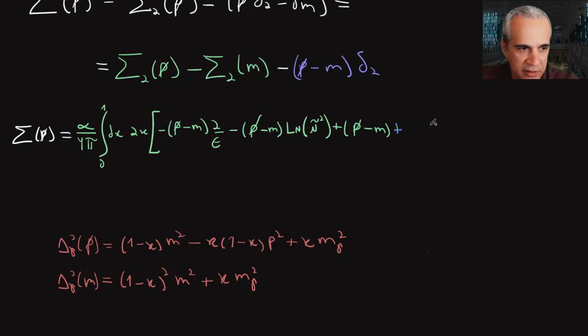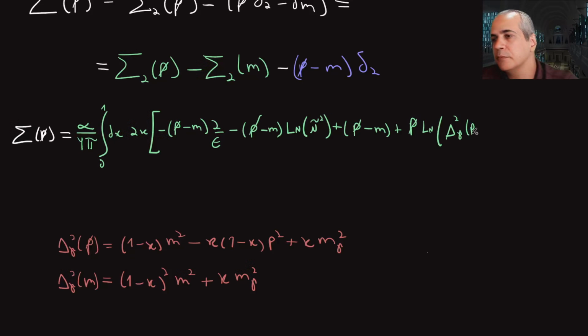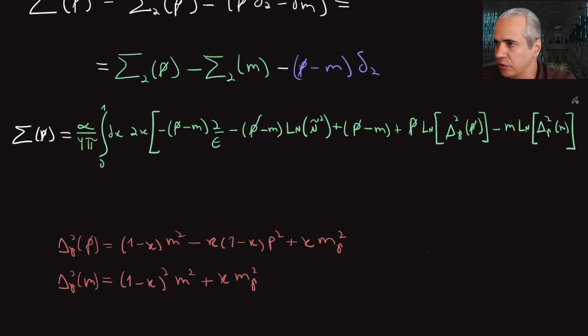So this is actually p slash log of the one without substituting, I'll put it like that, minus m the log of the one calculated at m. And then I can close the whole thing here with this one, right?